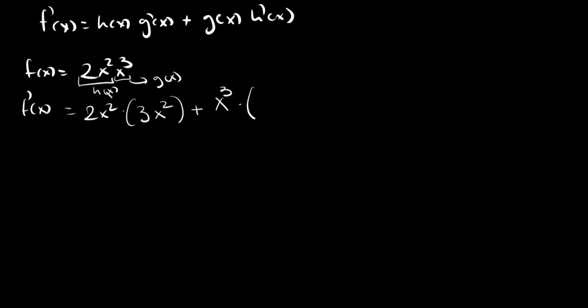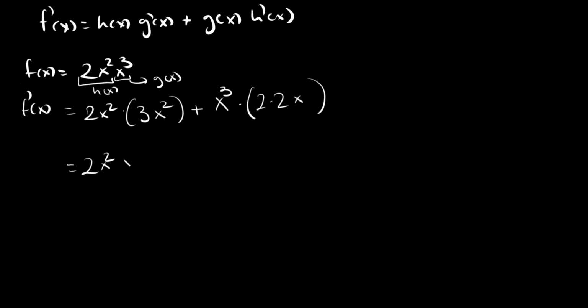So h of x is 2 times x to the power of 2. Derive that, I'm going to get 2 times 2 times x to the power of 1, right?